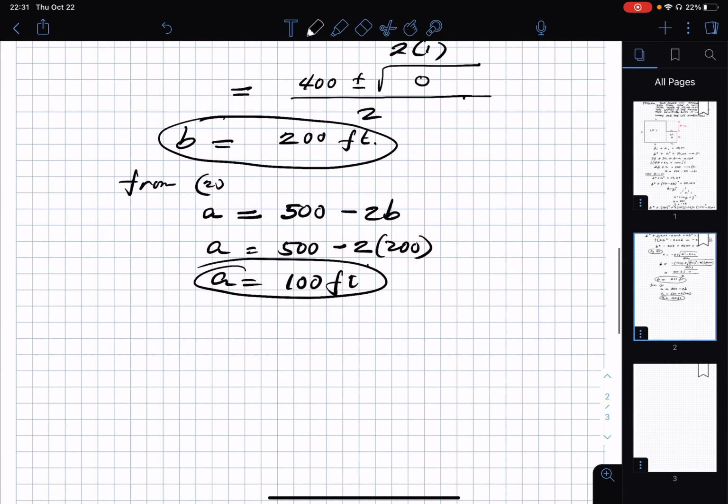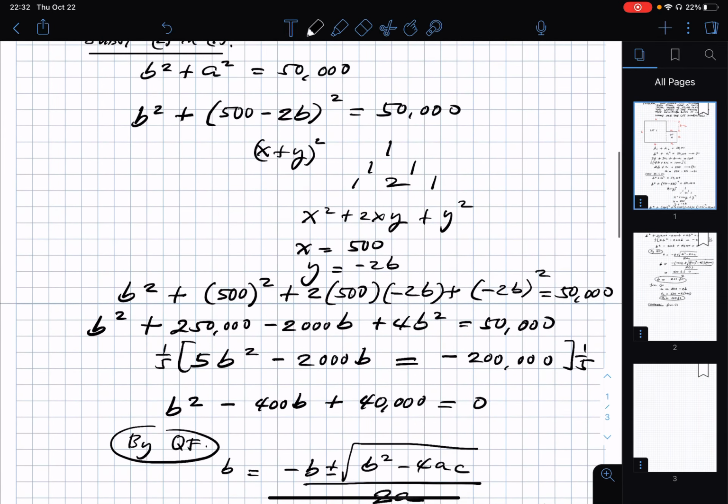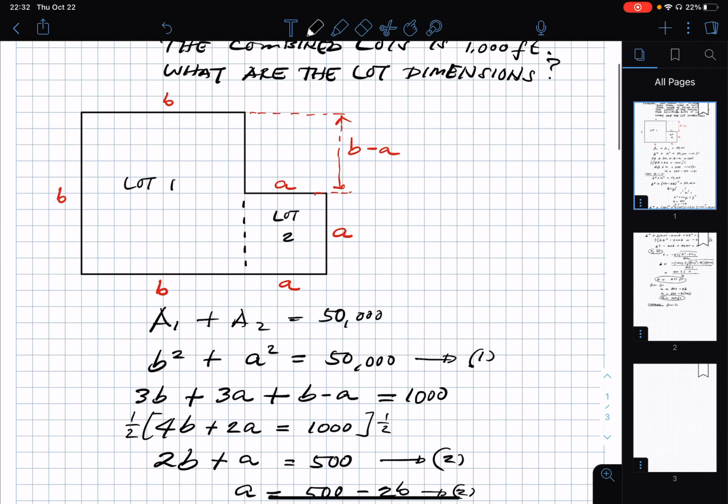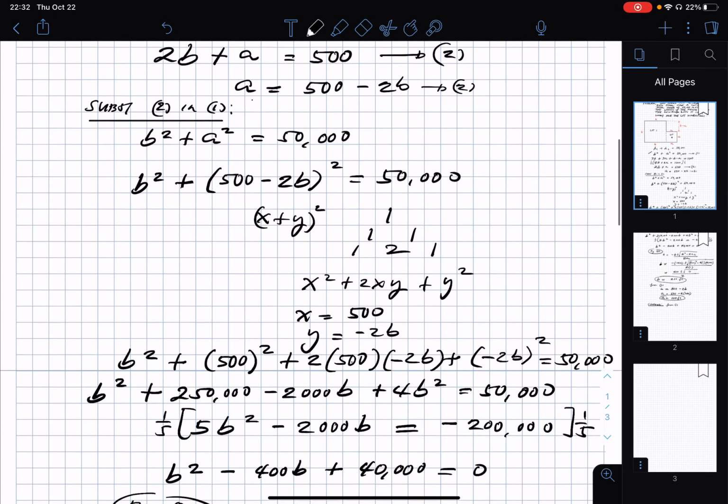Now we need to check if our answer is correct. So checking, we will use equation 1. So from equation 1, okay, the equation 1 means, by definition, that is the sum of the two areas, which is A squared plus B squared equals 50,000.